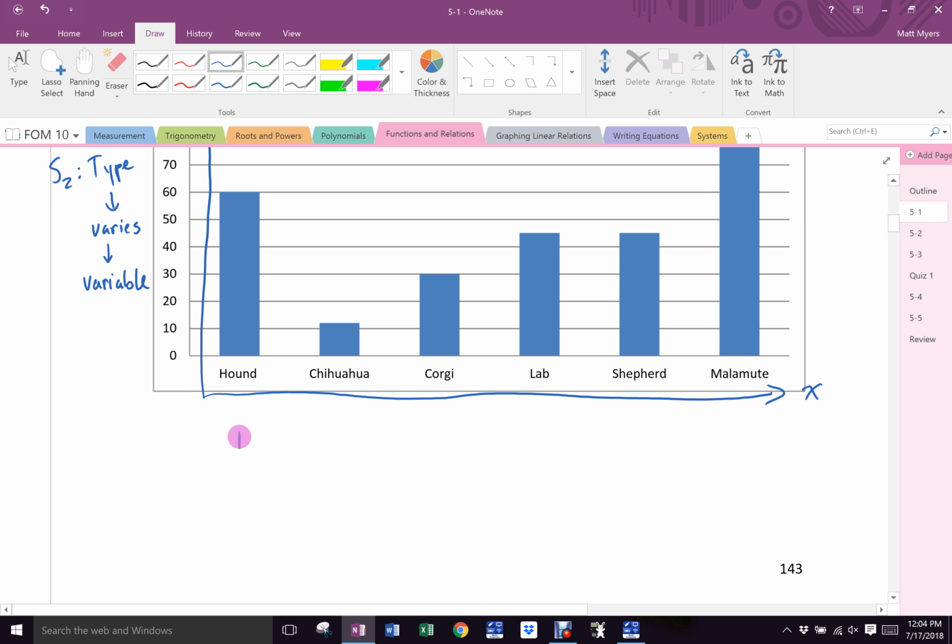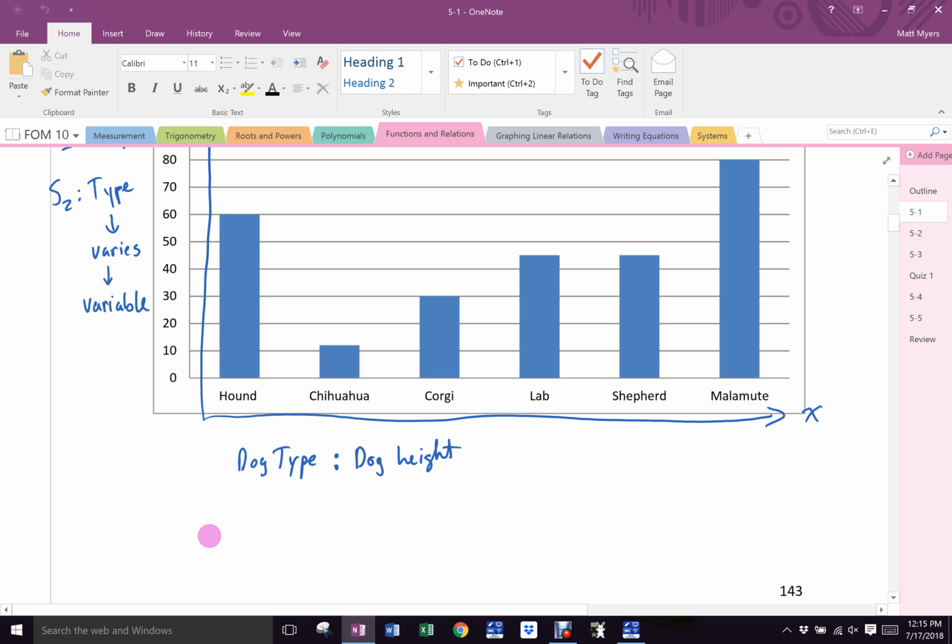This chart compares dog type to dog height. And we'll pause there for now. Okay. So, I am comparing dog type to dog height.